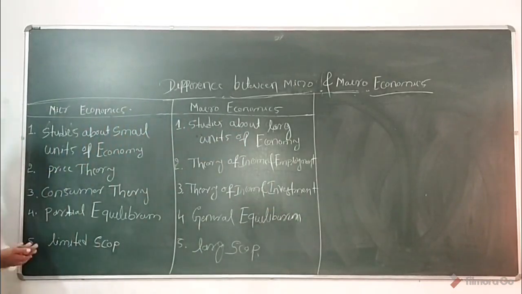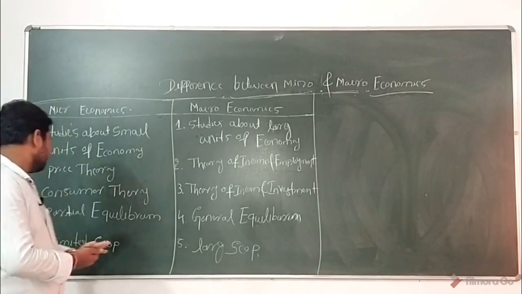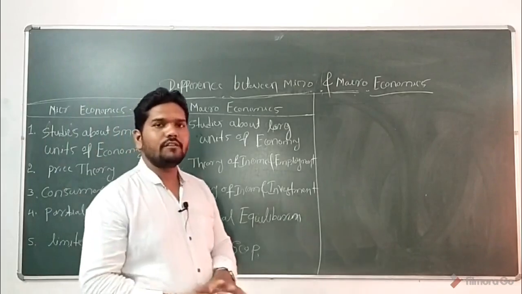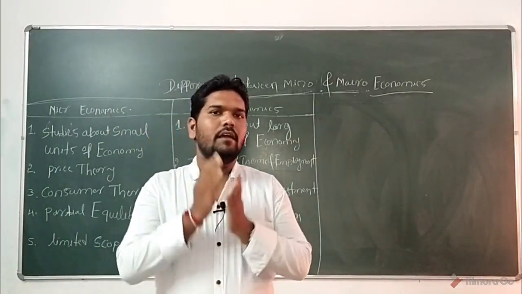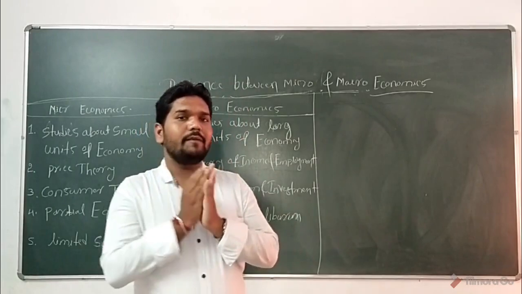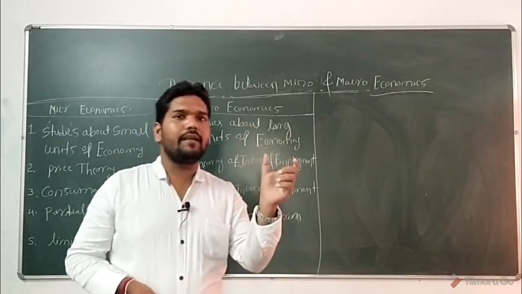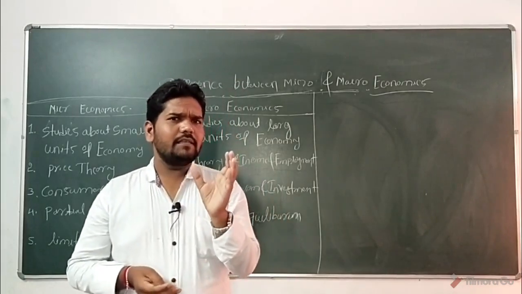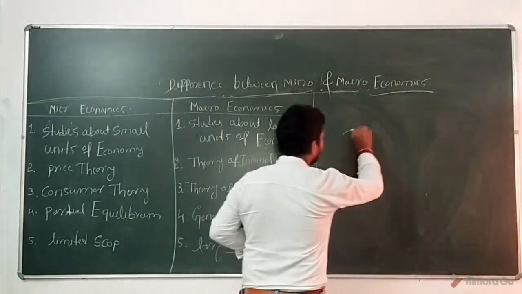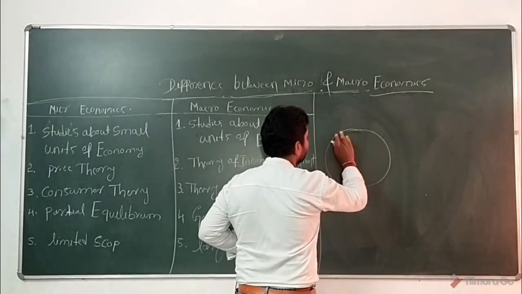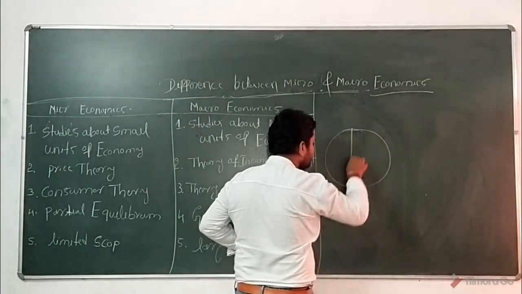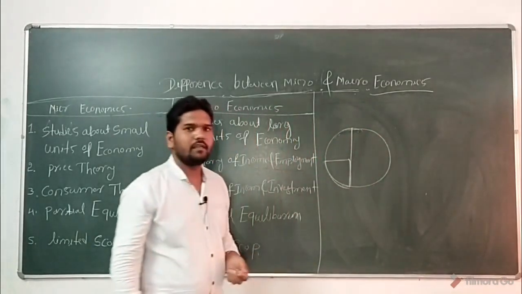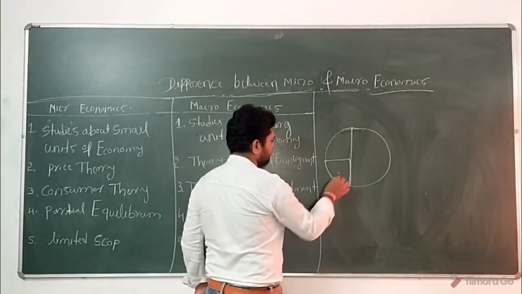Then the fourth point: partial equilibrium. Partial means half, and equilibrium means equal. Partial means one part. Overall economics is the whole, but microeconomics is partial, one part of the economy.